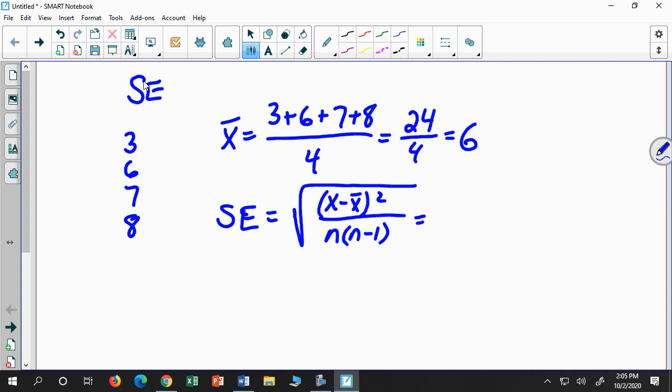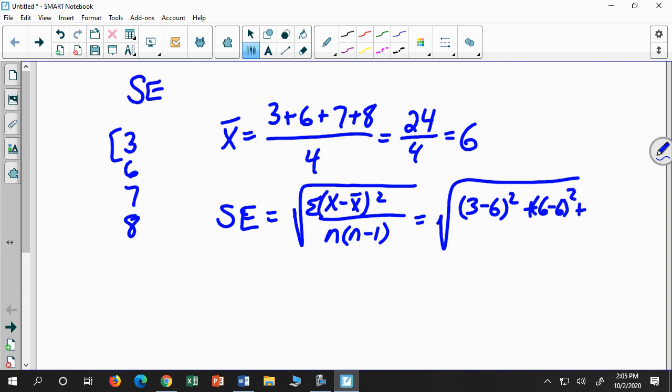So I'd say 3 minus 6 squared plus, there should be a summation here, by the way, 3 minus 6 squared plus 6 minus 6 squared plus 7 minus 6 squared plus 8 minus 6 squared.